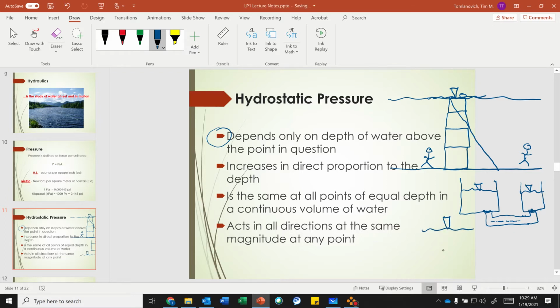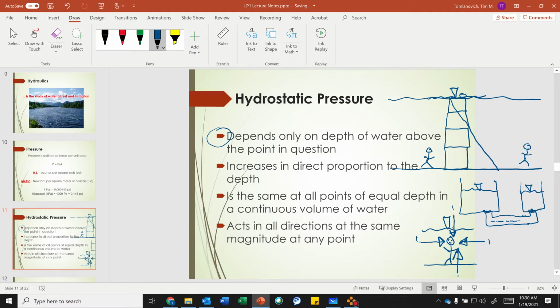So if I am 10 feet below, here's me standing in the water, pressure acts in all directions. Remember the lines of action? Does this look familiar? Force vectors, same magnitude. So at this depth, 1, 1, 1, 1.